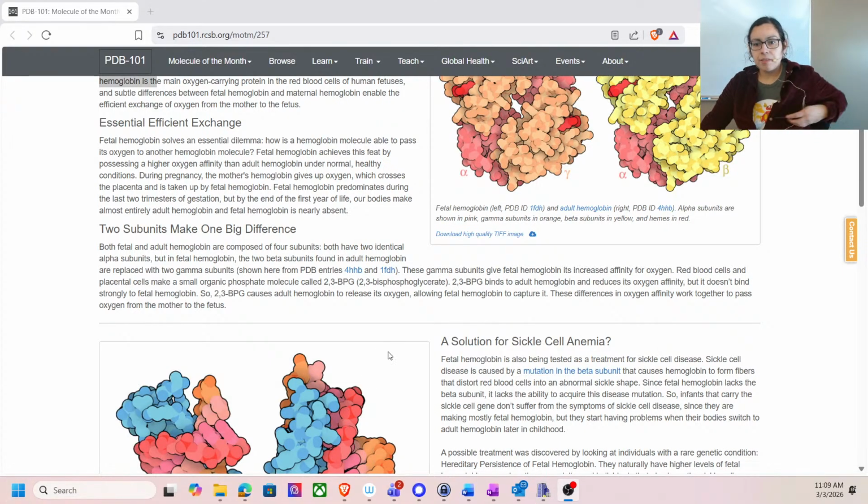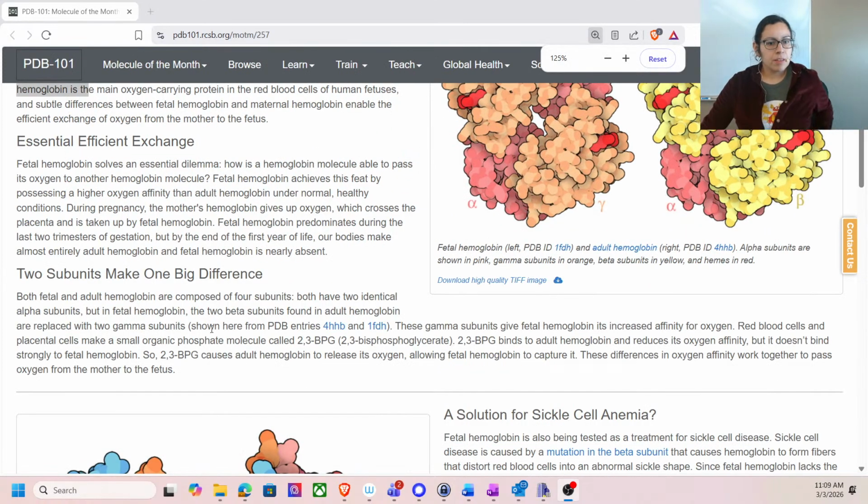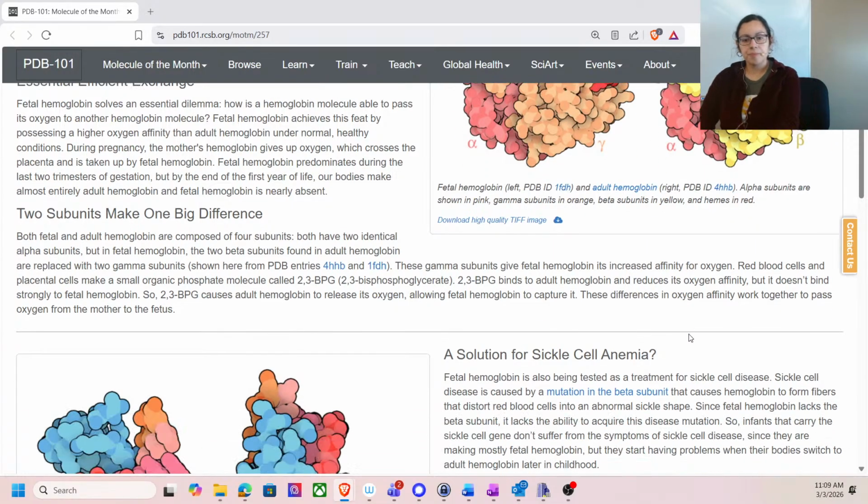So they have 4 subunits, but in fetal hemoglobin, the beta subunits are replaced with these 2 gamma subunits, and that's what causes the increased affinity for oxygen binding.